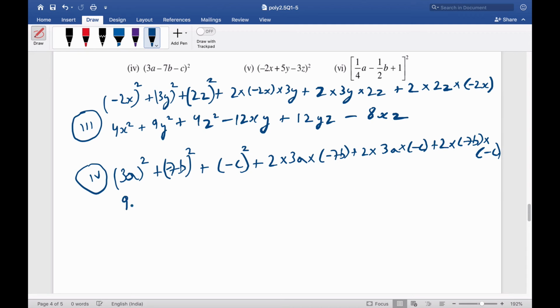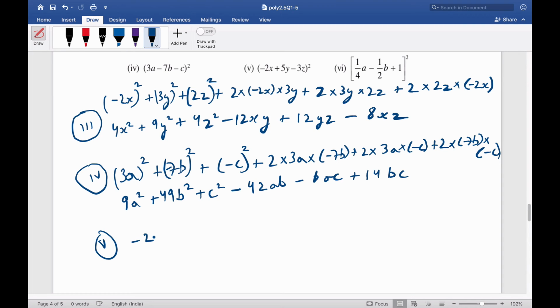So this will give me 9a square plus 49b square plus c square, and this will become 42 negative ab, and then this will become negative 6ac. This will become positive now, because negative and negative do give us positive, so it will become 14bc. Moving to the fifth part, let's try and solve it here itself.